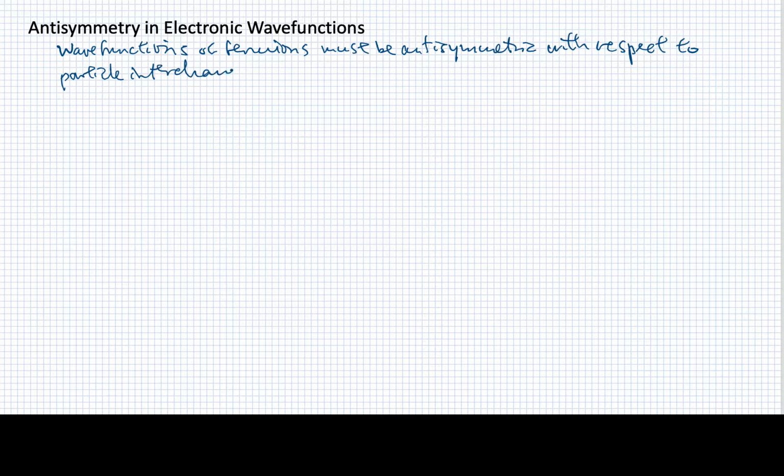All right, so this is clearly only worrying about wave functions that involve more than one particle. So a single electron wave function isn't bothered by this at all. But the basic idea is this.